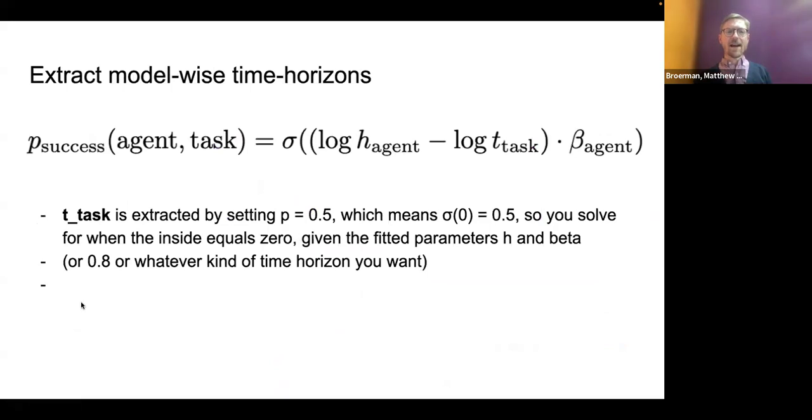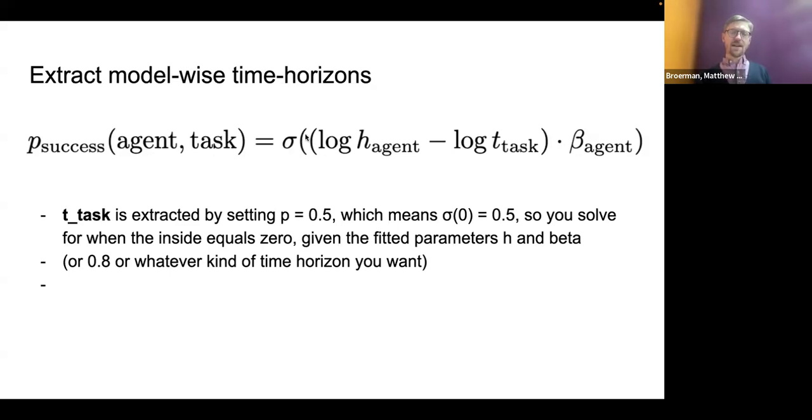Now we want to come back and get from this the model-wise time horizon. So what we do is we set this term, I'm sorry, this is 0.5, which in a sigmoid would be zero.